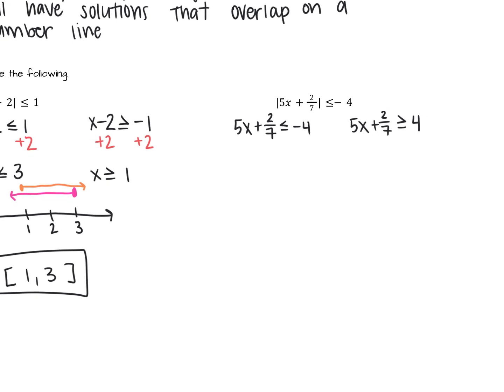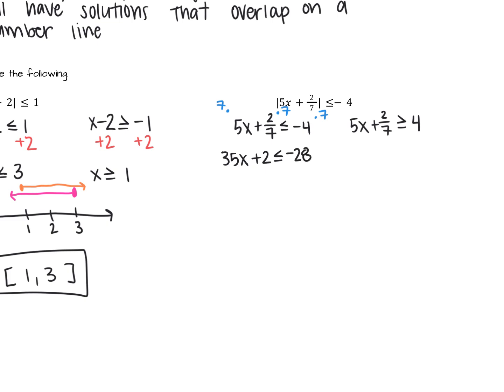For my first step, I'm going to get rid of my fraction by multiplying everything by 7, which is my LCD. We end up with 35x plus 2 is less than or equal to negative 28.